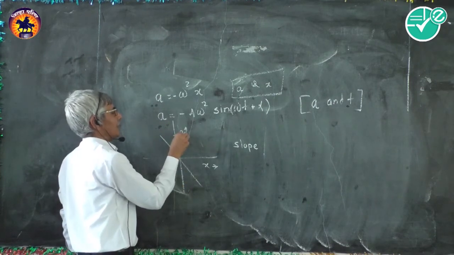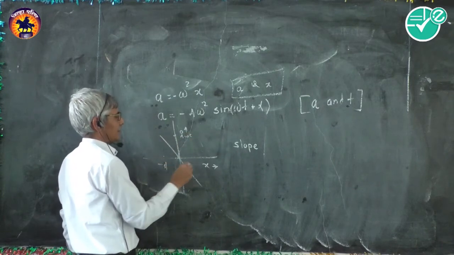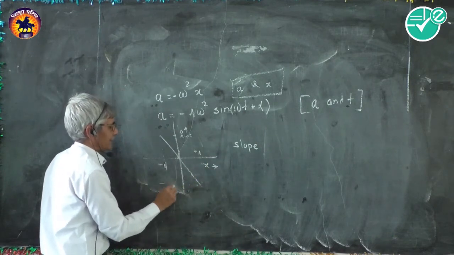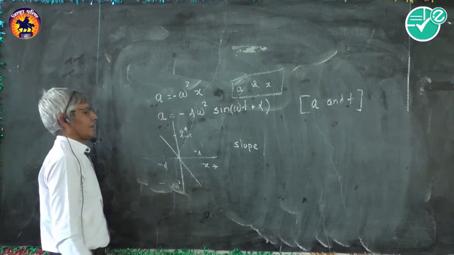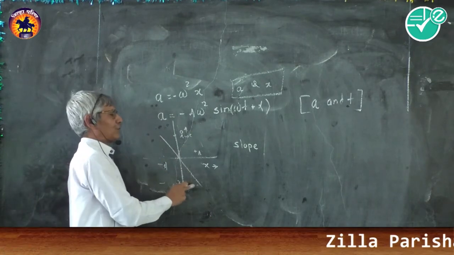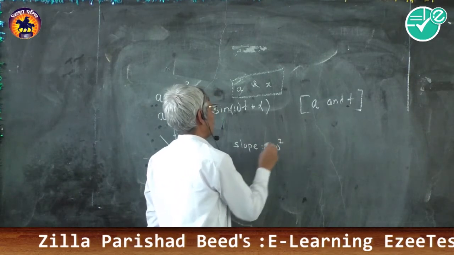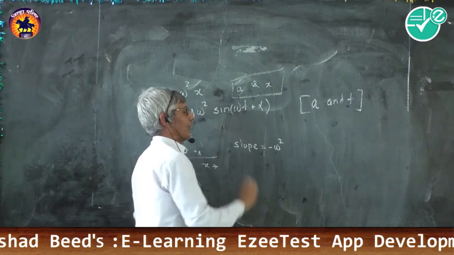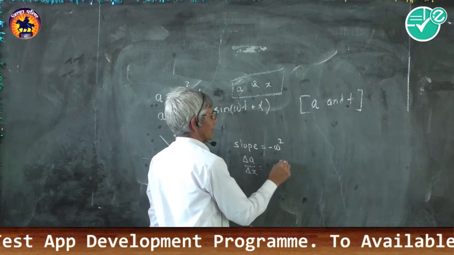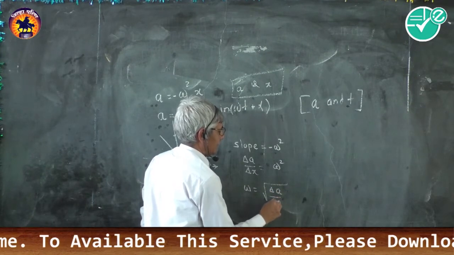So this is A omega square, this is minus A, this is plus A, this is minus A omega square. So the variation of the linear acceleration with respect to displacement is a straight line passing through the origin with a negative slope of magnitude omega square. So slope is equal to minus omega square, that is delta a by delta x is equal to omega square. So omega is equal to square root of delta a by delta x.